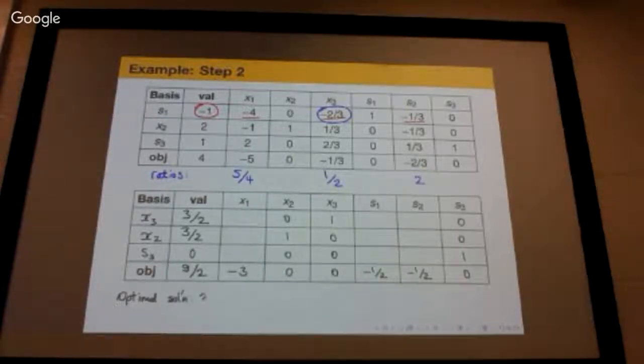Well, x1 is naught, and x2 is 3/2, and x3 is 3/2 as well. And the slack variables are all 0. And the objective is 9/2, so that's it.